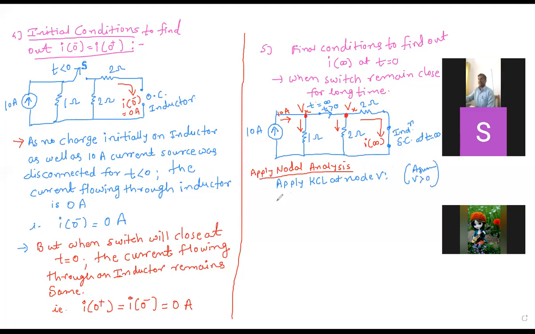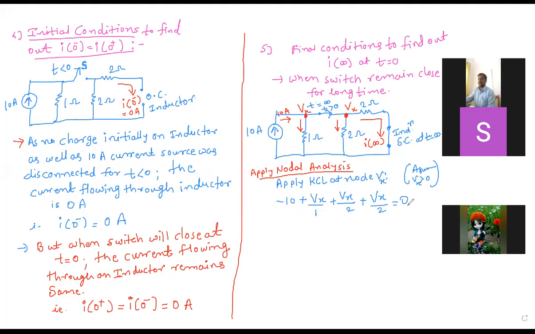So first current is incoming, that is minus 10. Next plus Vx divided by 1 plus Vx divided by 2 plus Vx divided by 2 is equal to 0. First of all, I will find Vx, then I of infinite.